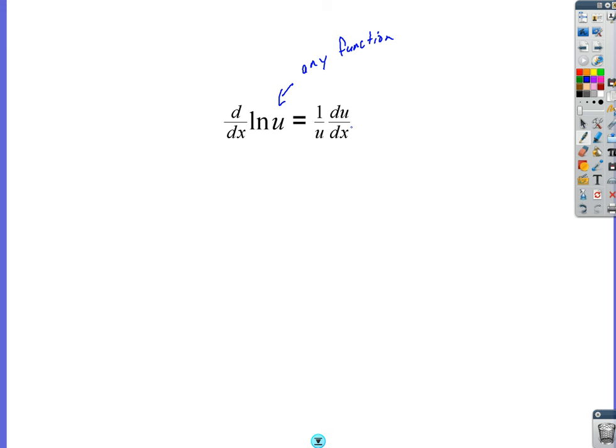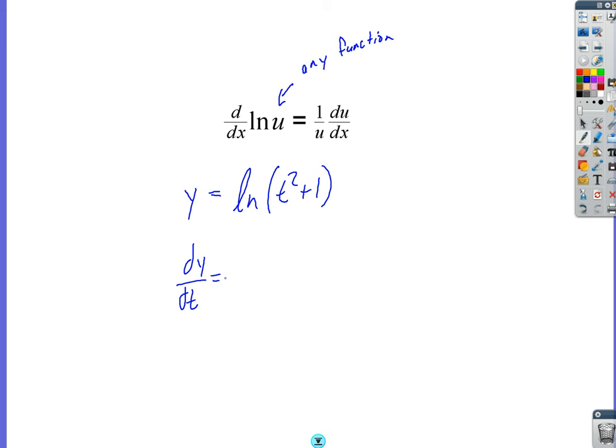So, for instance, if I have ln of t squared plus 1, and that's my y, and I want to find dy dt in this case, I say dy dt is equal to the natural log of a function.